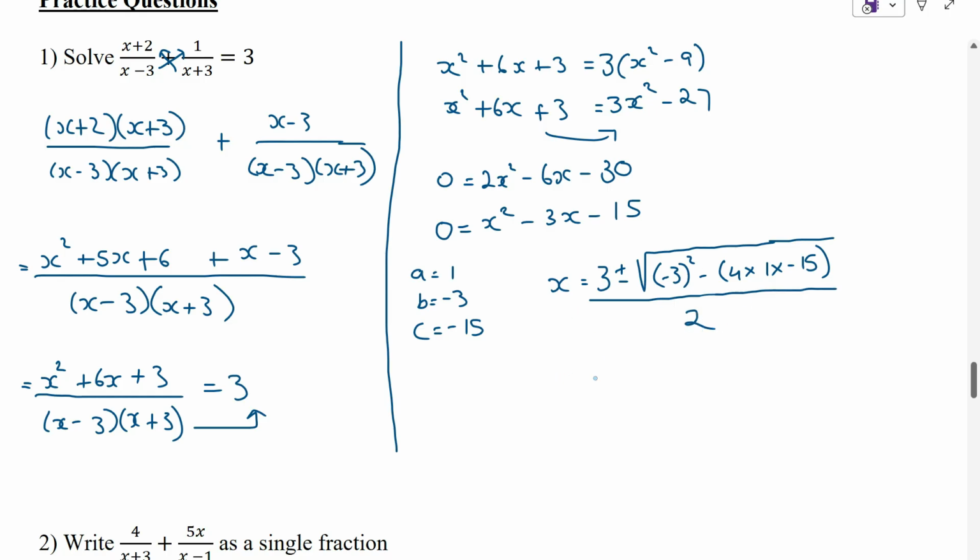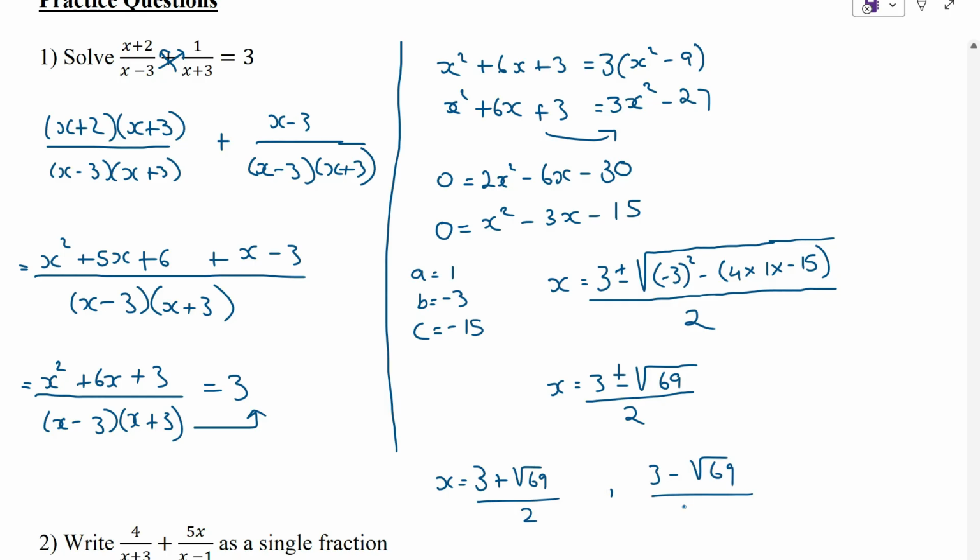So if we input this into our calculator, we will get x equals 3 plus or minus the square root of 69 all over 2. So the two values for x will be 3 plus the square root of 69 over 2 and 3 minus the square root of 69 over 2.